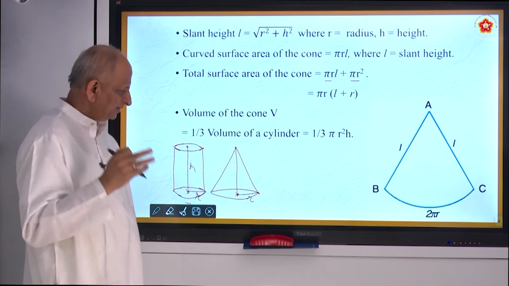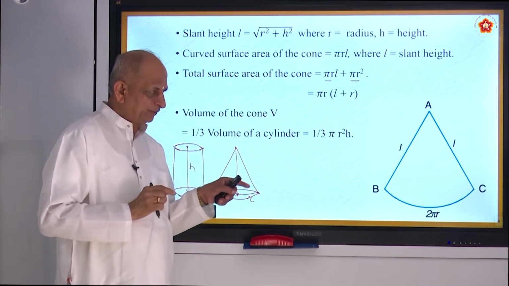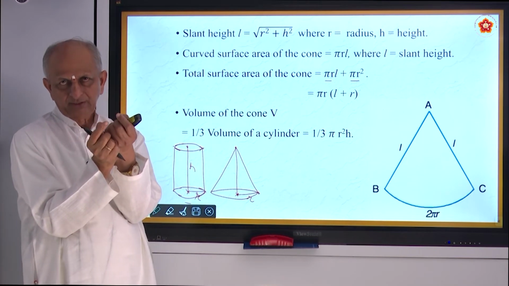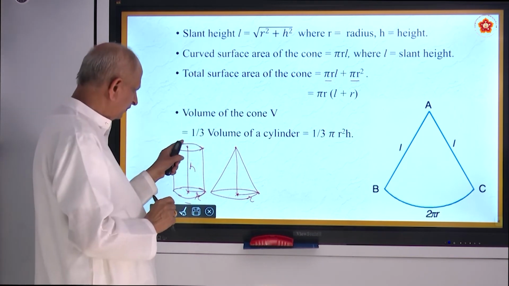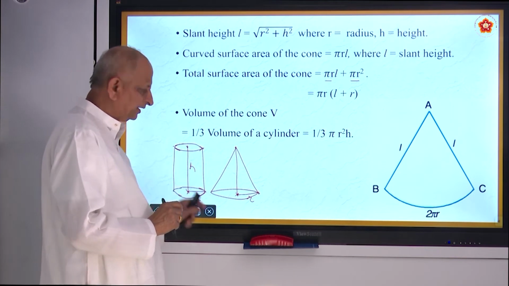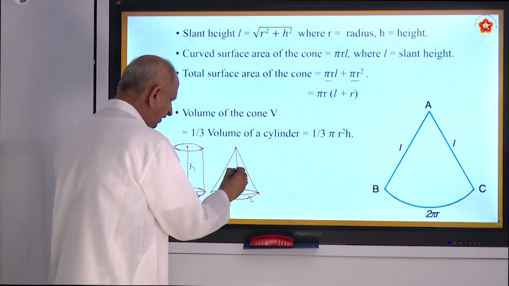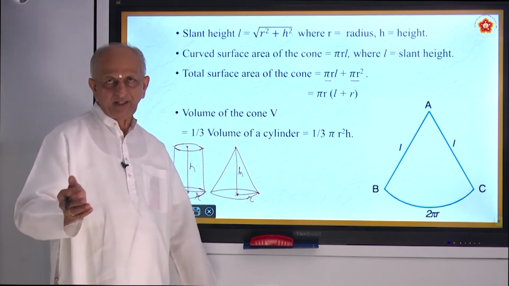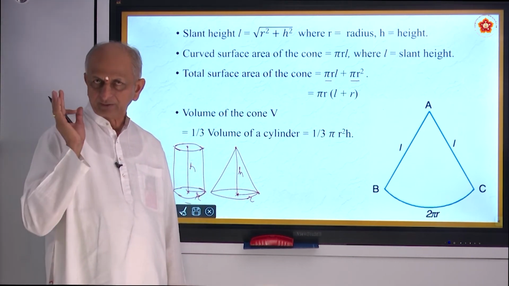Are you following? So what you must do is take a cardboard, turn it into the shape of a cone, of the same radius. You must take one cylinder of the same height also. So this height and that height must be same. Then fill it with some sand or sugar or whatever powder you want.